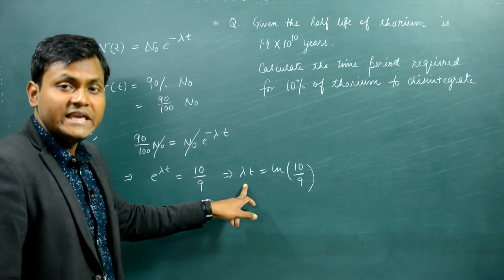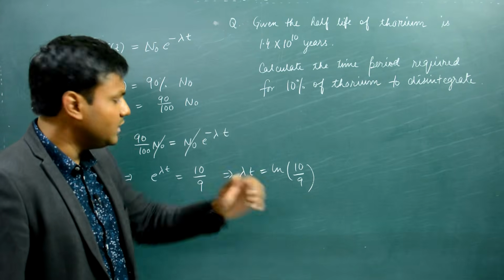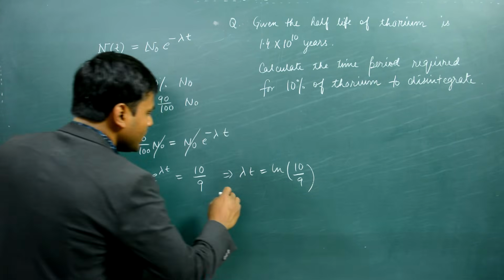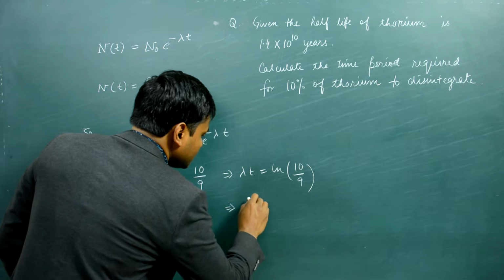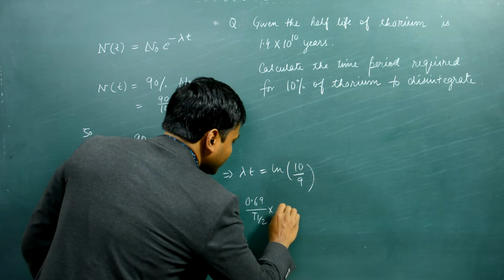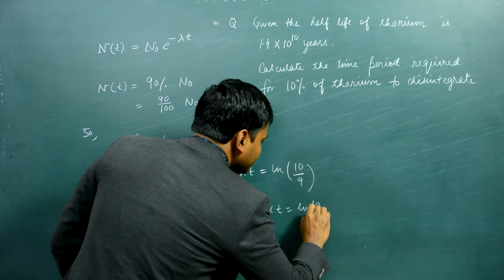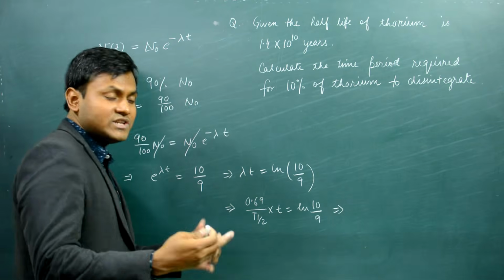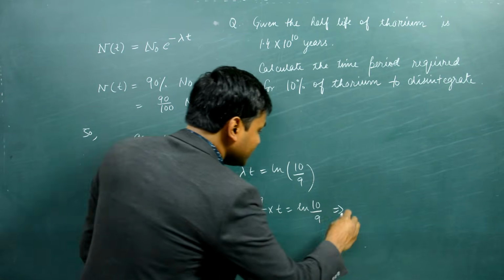Again, we don't have the decay constant, we only have the half-life, but we can convert it easily, as you already know. So this can be written as 0.69 divided by the half-life multiplied by the time period is equal to ln 10 upon 9.